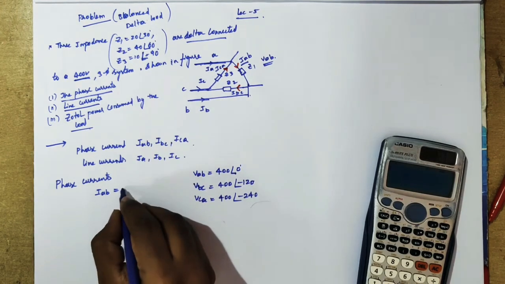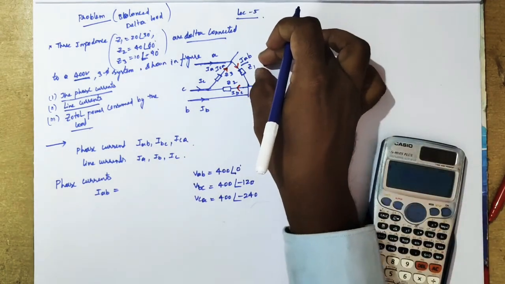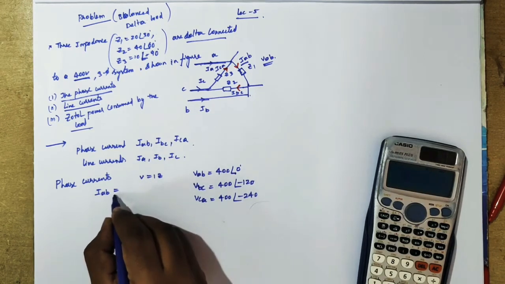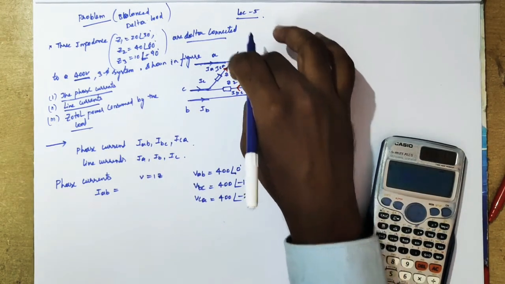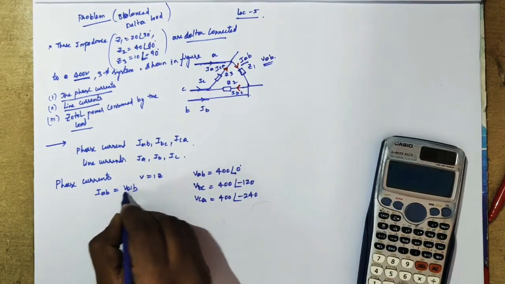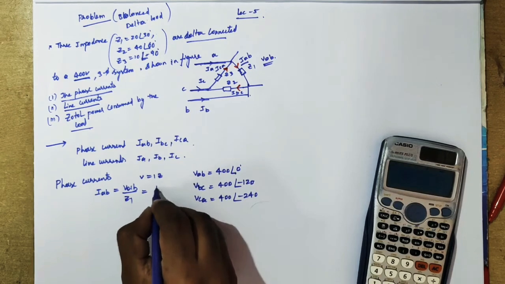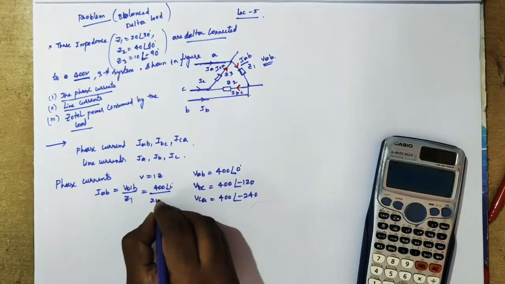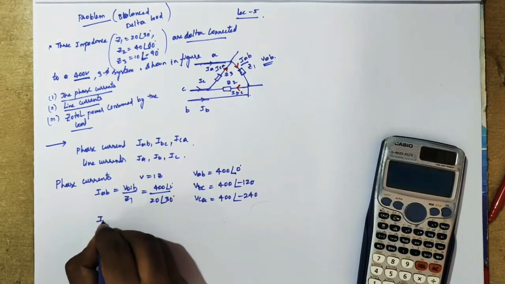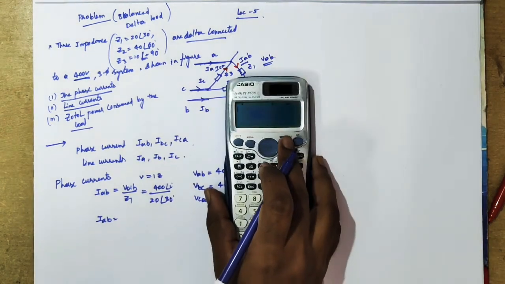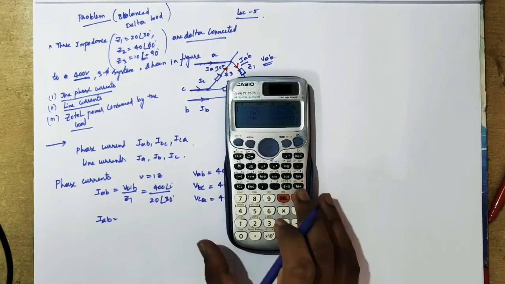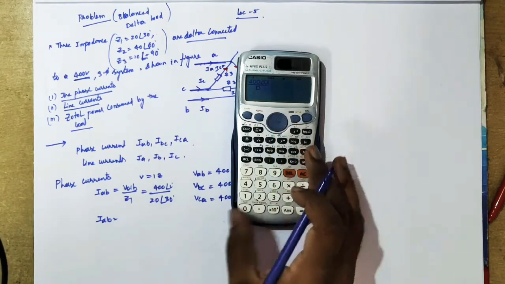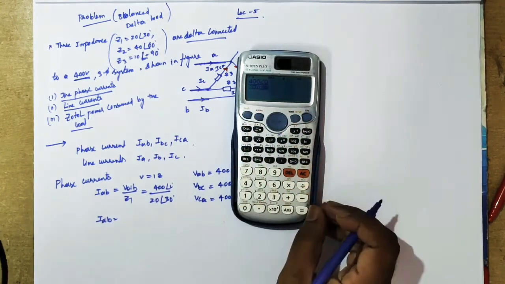Now for finding IAB, V equals IZ, you know that, so I equals V by Z. The phase current flowing is VAB by Z1, that is 400 at an angle of 0 divided by 20 at an angle of 30 degrees.